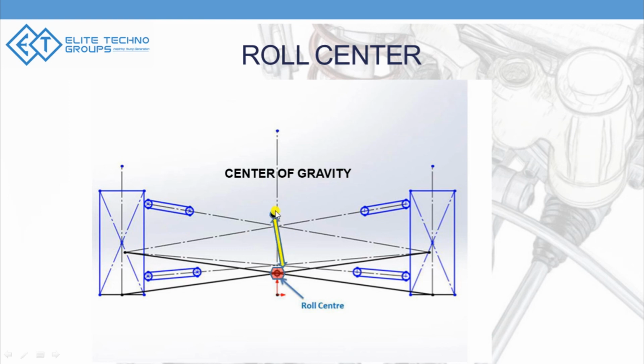Theta is a variable over which you can't have much control with just the roll center. There are multiple ways of controlling theta as well, but one variable you can control with just the upper and lower arm positions is the roll center. So you can control what this r is.